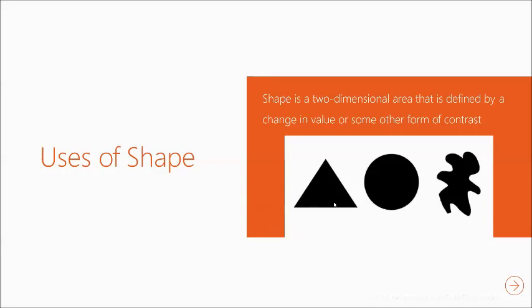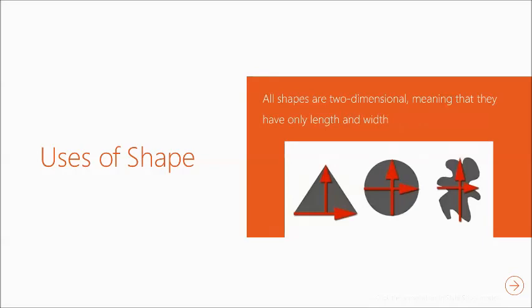This is a triangle, a circle, and a polygon. So all shapes are two-dimensional, meaning they only have length and width. Okay? So that means they only have two, length and width. Regardless of its size, regardless of its position, it is two-dimensional.